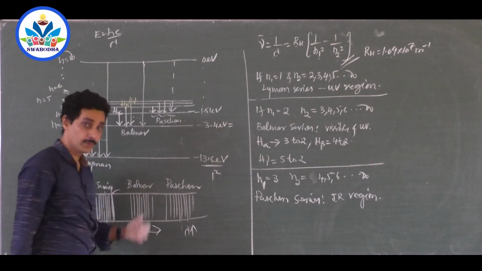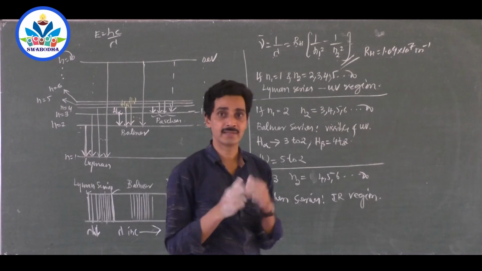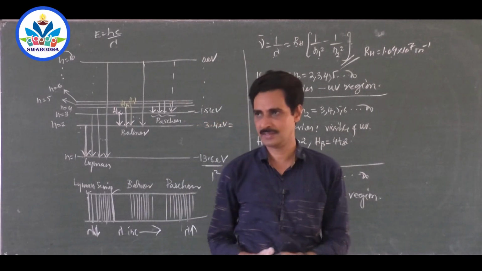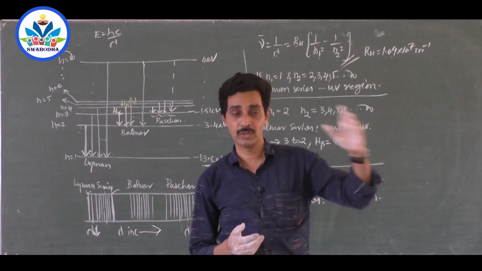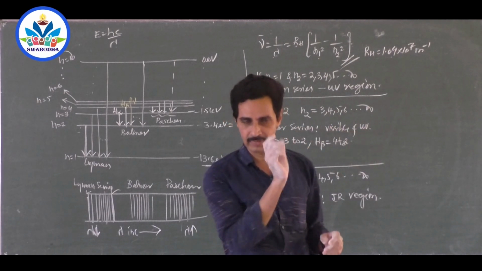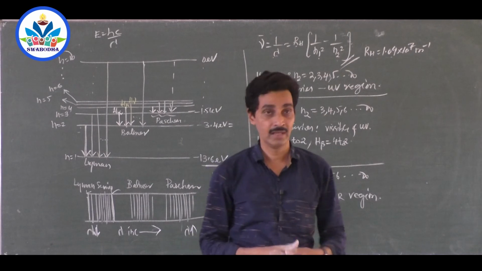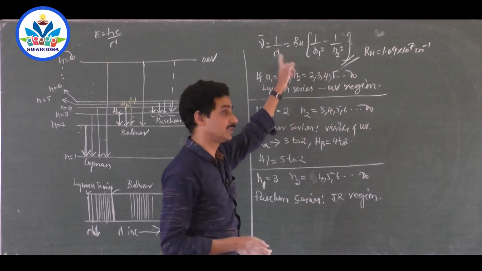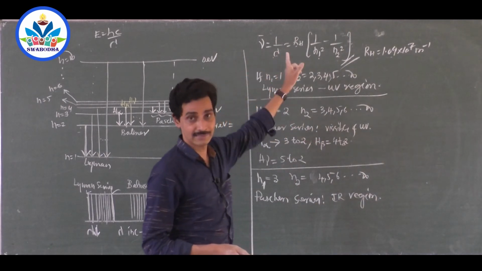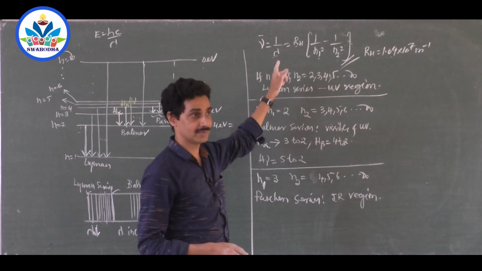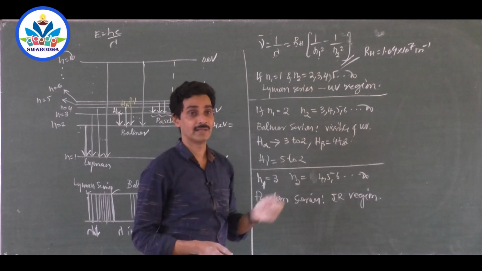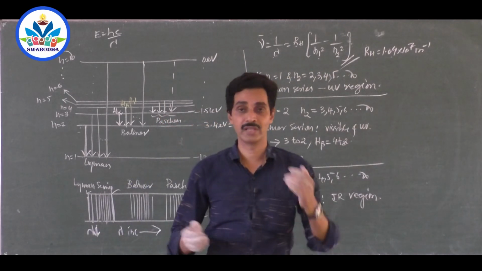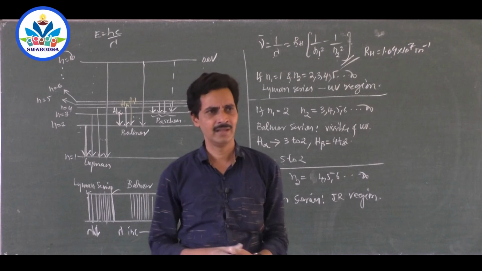So whatever Bohr explained and whatever is seen practically exactly matched each other. And one more thing: the wavelength calculated practically by observing the hydrogen spectrum, by different methods of calculation, and the wavelength obtained using Bohr's results, substituting the values of the Rydberg constant and all, were found to be almost the same, within the limits of practical errors.